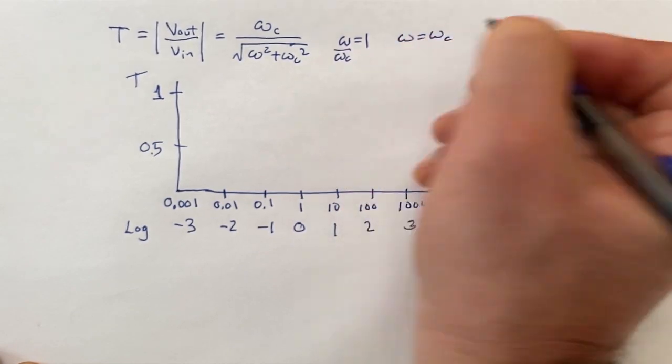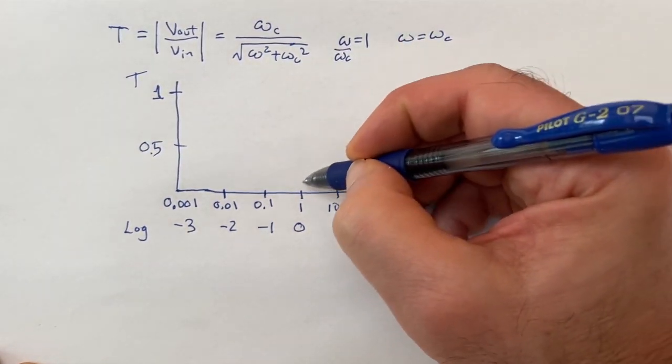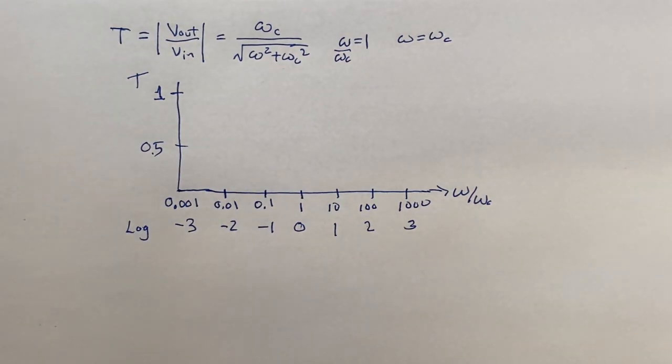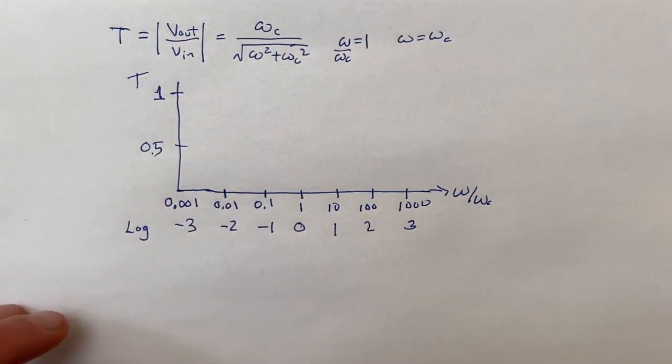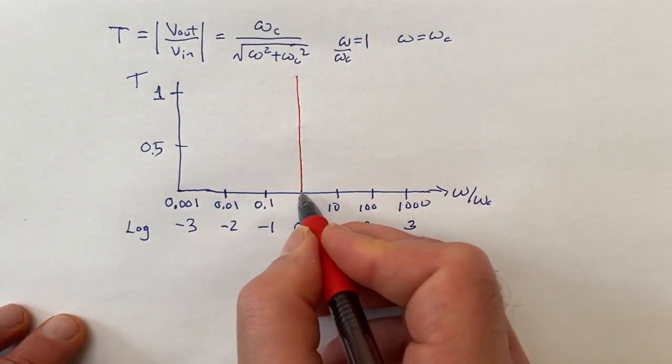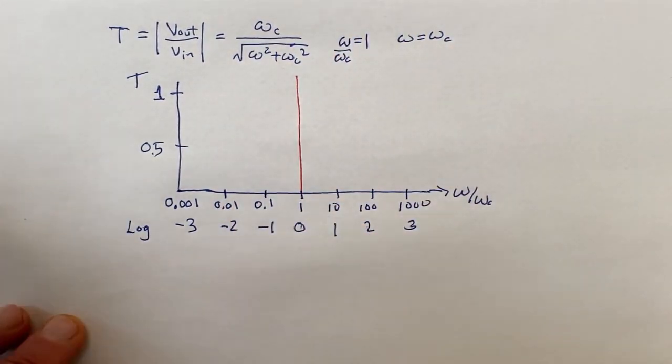when omega equals omega c, that's going to be our case here, where we're looking at the 1, it would be this one here. So this is like in the middle here. That's our characteristic.